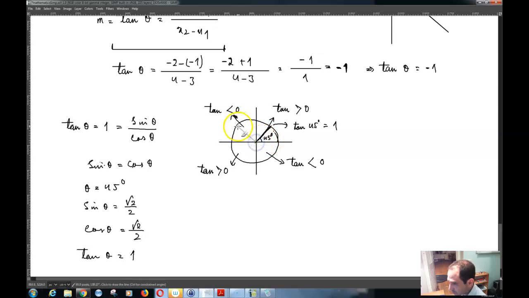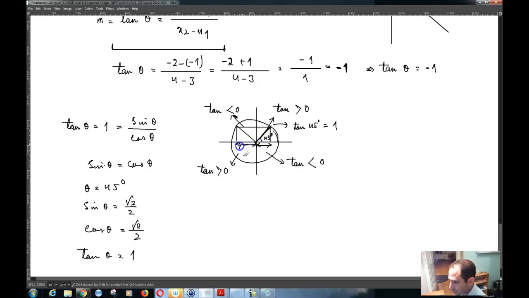If I pick this angle over here, of course if I had drawn this a little bit better, you can see that the sine of these two angles are the same, and the cos of this angle is this distance over here, and the cos of this angle is this distance over here.